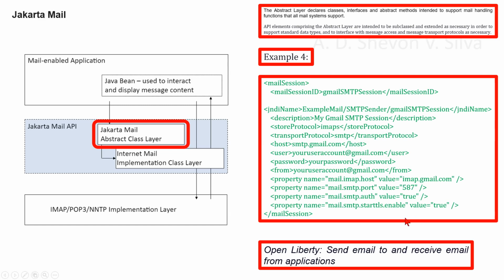You can call the Jakarta Mail libraries in any application that runs on the server to send and receive emails. Create a jakarta.mail.Session object by adding and configuring a mail session element here.